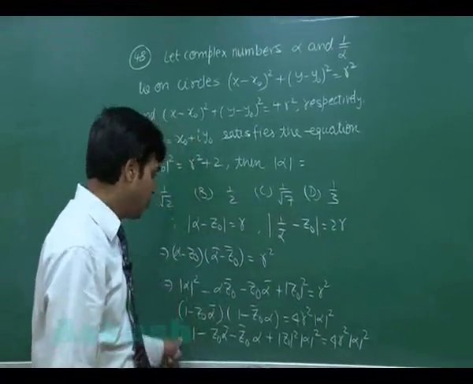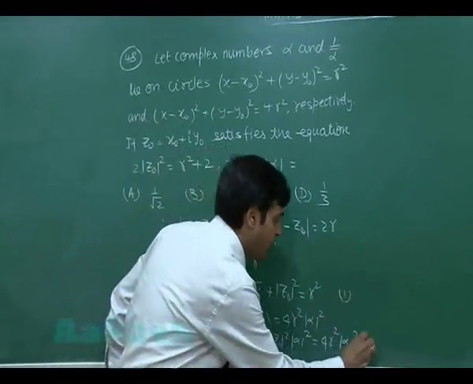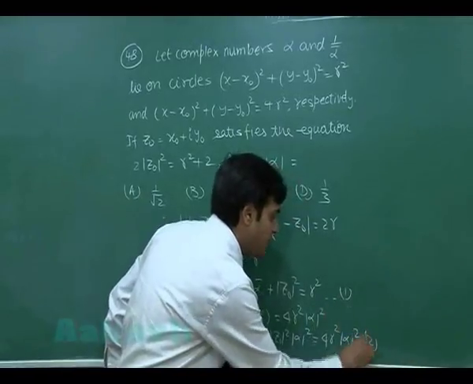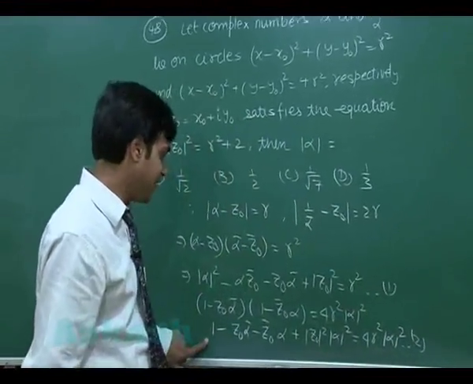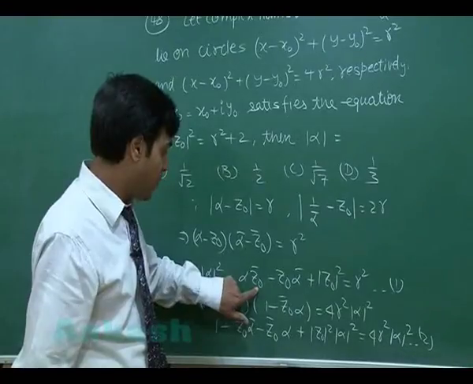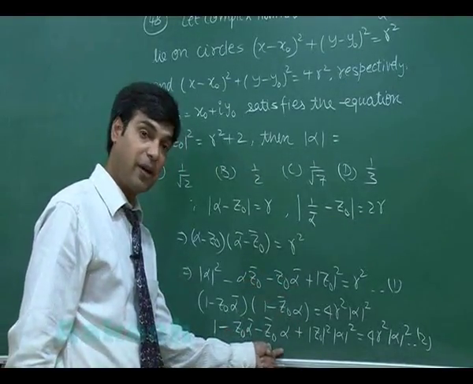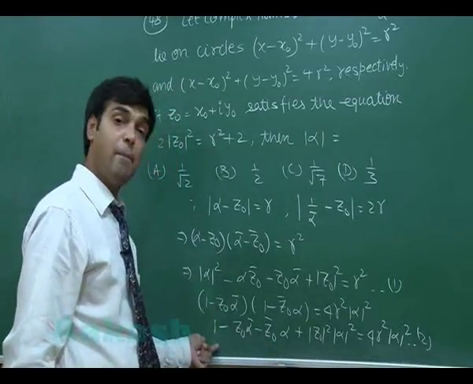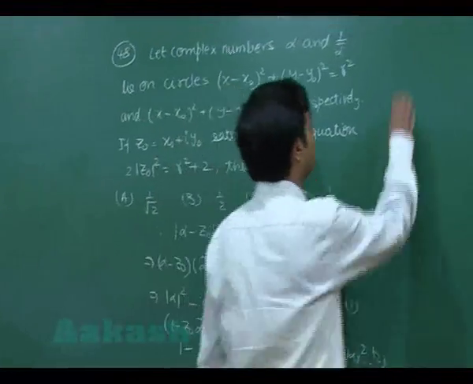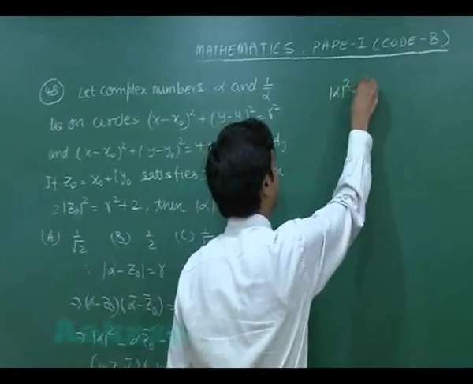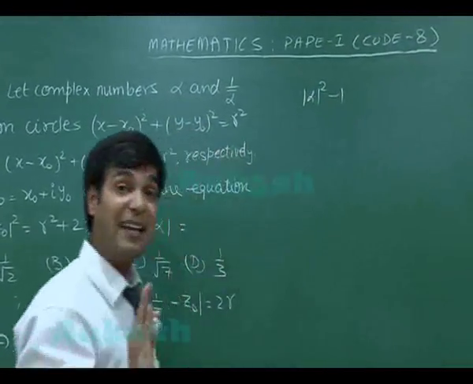Right, now we have two equations. Let's say this is 1, this is 2. When I subtract these two equations, I will see that alpha z naught bar and alpha bar z naught are cancelled out on subtracting the two. So we write mod alpha square minus 1, the other two terms are cancelled.